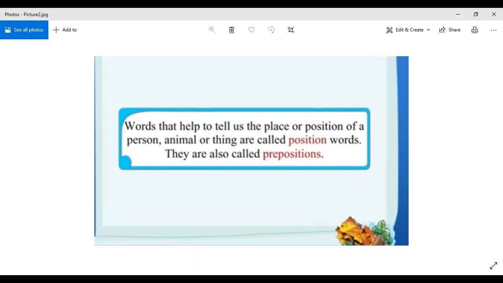When we combine these words, a new term is introduced, and that is prepositions. Got it? So this is the definition of preposition. You're not supposed to memorize it word by word, but you are supposed to understand the meaning of it. And if somebody asks you what is preposition, you should be clear about what prepositional words or prepositions are.